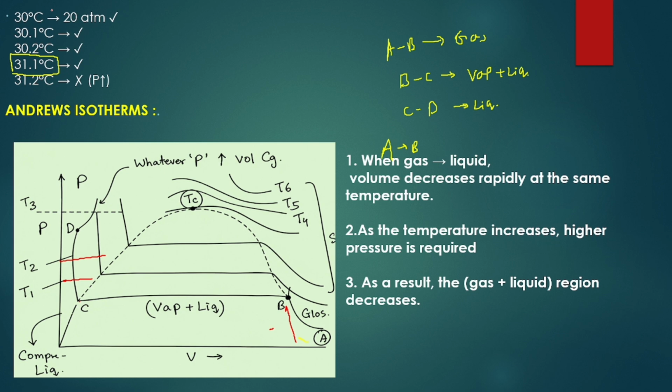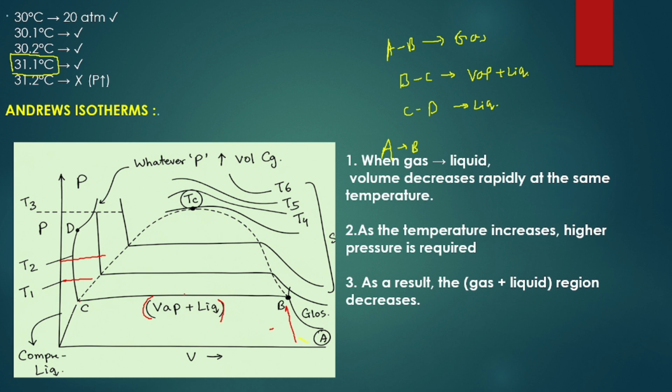As a result, the area of vapor and liquid is decreasing. That is the reason the area which has the vapor and liquid region is decreasing.